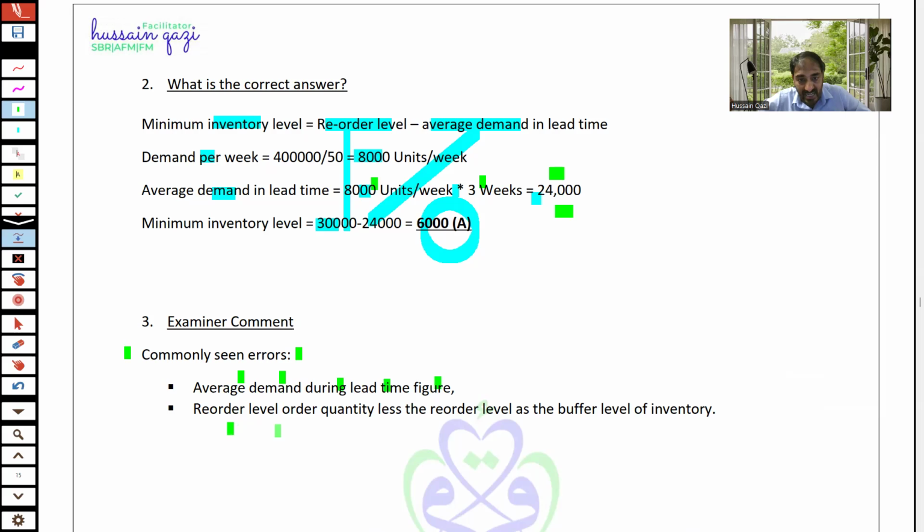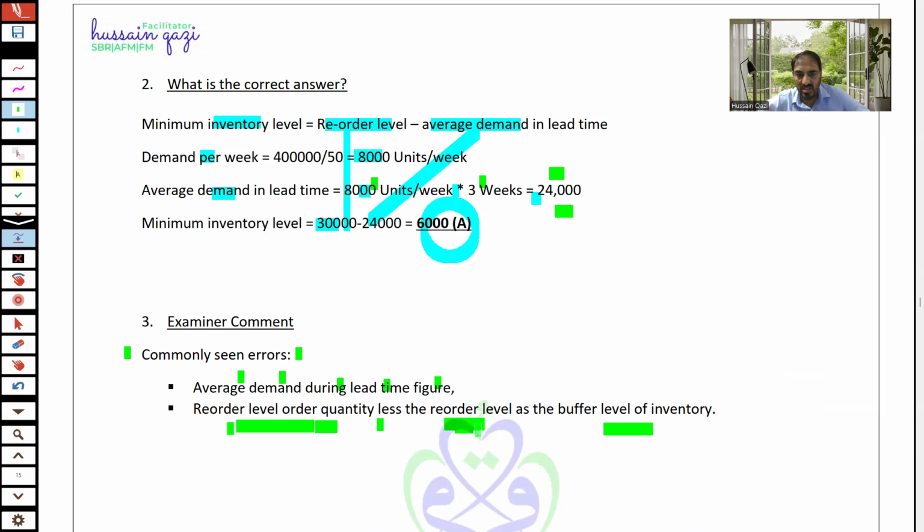Number two, reorder level less reorder quantity, as the buffer level of inventory. Some students wrote reorder level quantity less reorder level. No, this is wrong.